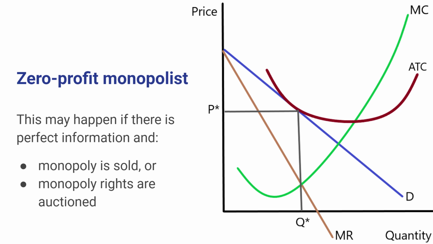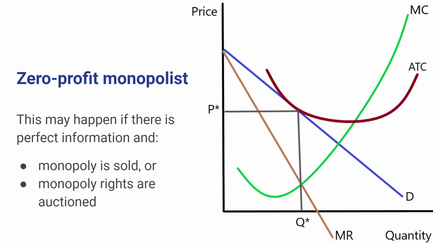If the price is anything less than that, someone else is willing to bid more. If the price is more than that, they'd lose money and they would not be willing to do that. So again, if a monopoly is resold or monopoly rights are auctioned off, we'd expect the new owners of the business or the people operating the business after that to receive just zero economic profit. So those are two exceptional cases where we might see this.